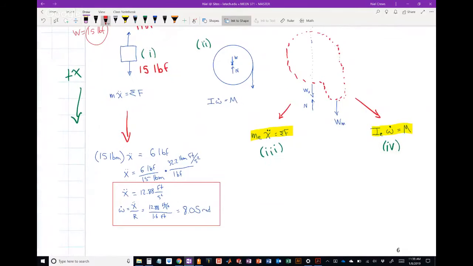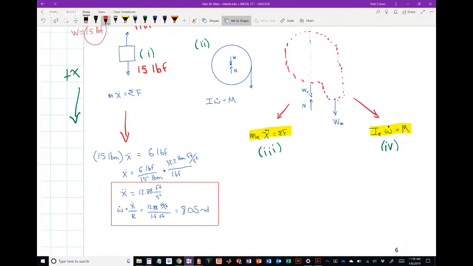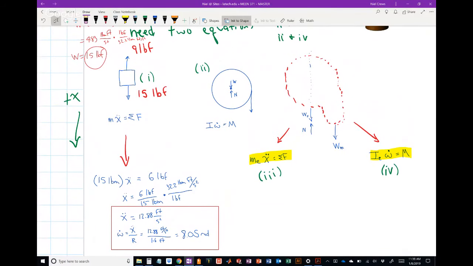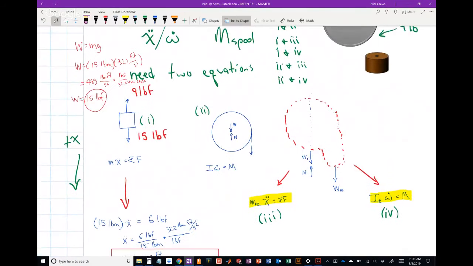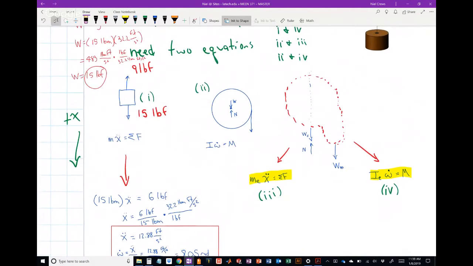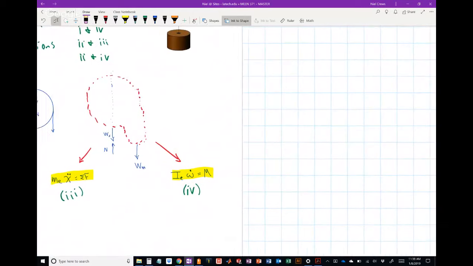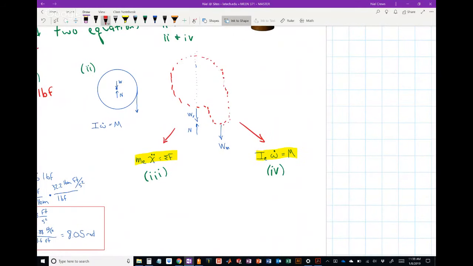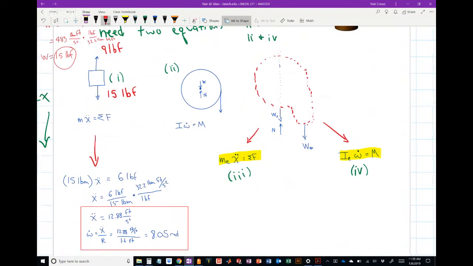So if that was one of the equations that you solved, great. You're halfway there. You just need one more equation, one unknown. It can be equation 2, or equation number 3 or number 4 over here.